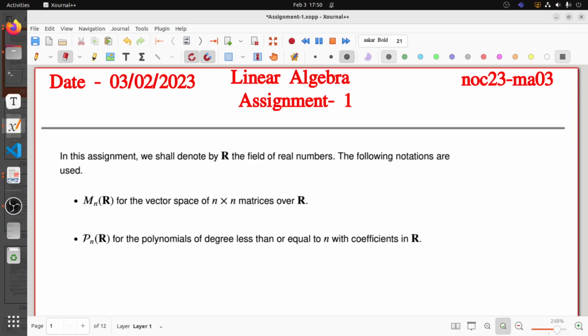So again, as before, take P1 and P2 in W. So you have to check S of P1 plus P2, right? What is S of P1 plus P2? You have to check this.